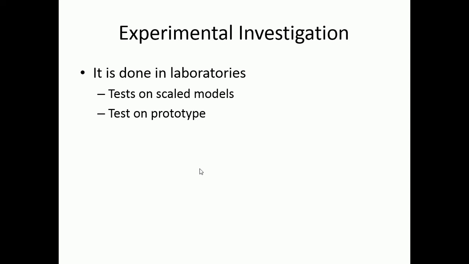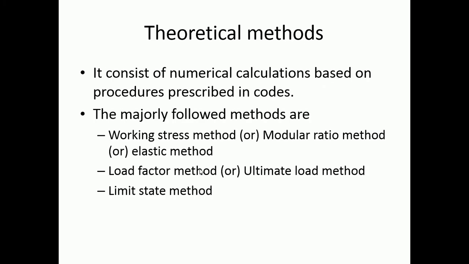Based on the model response, we can extrapolate to the actual structure. So based on that, we can say that the design we did for the new structure holds good. Okay, so the other method is the theoretical method.